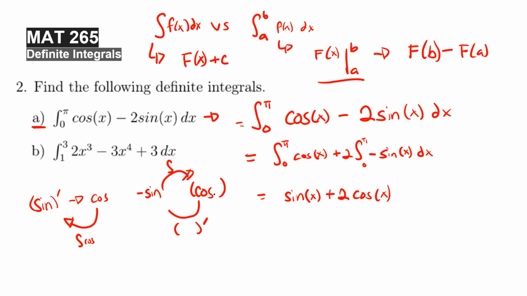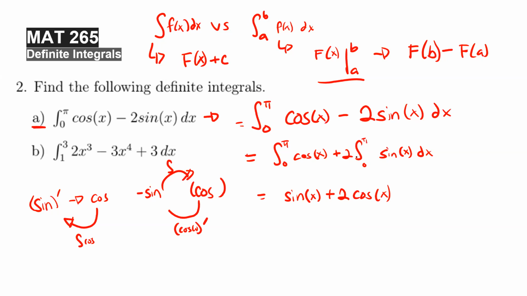So that's why the integral of negative sine is cosine. Because if I have cosine of x and I take that derivative, I end up with a negative sine. So that's why in this case it was good to leave the negative in.